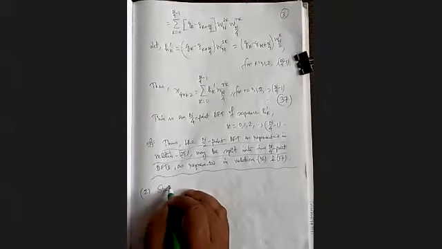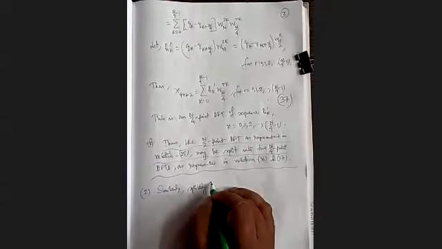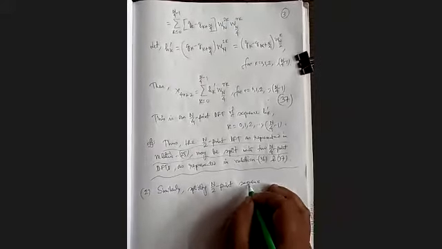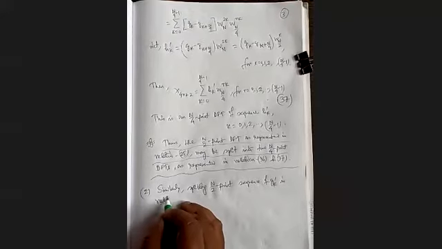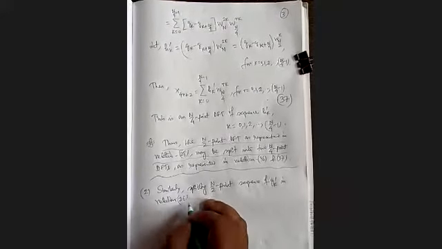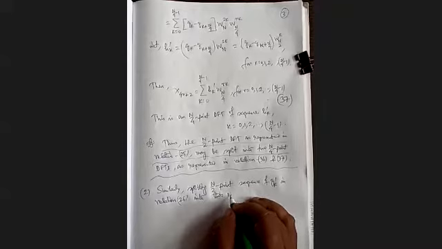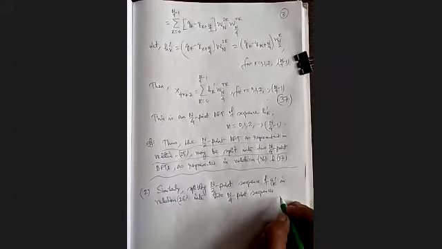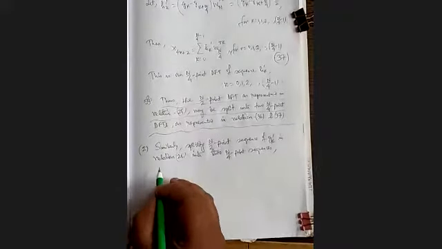Similarly, splitting the n by 2 point sequence of gk dash in relation 26 into two n by 4 point sequences, what will it be?